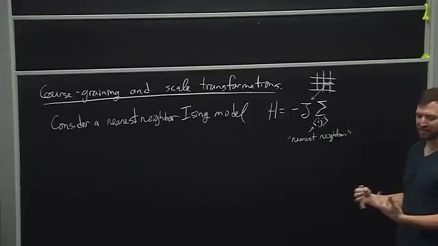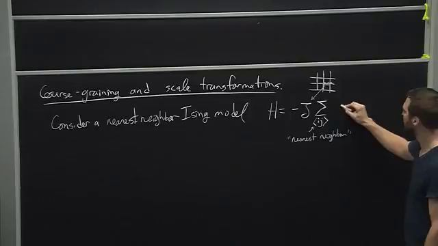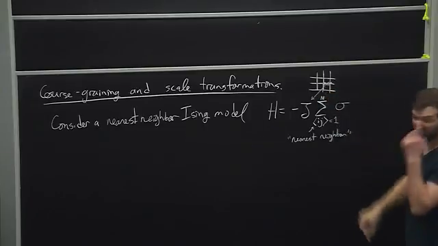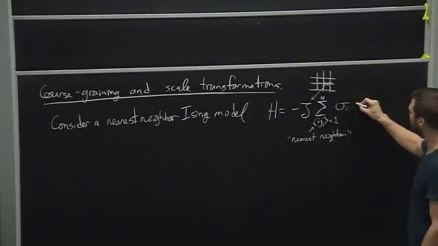So this Hamiltonian defines the length scale. There's n spins, so let me just put 1 to n here. And then we'll use sigma_i, sigma_j.